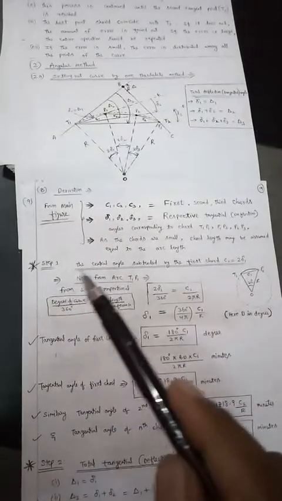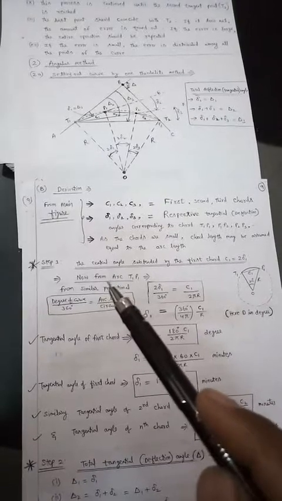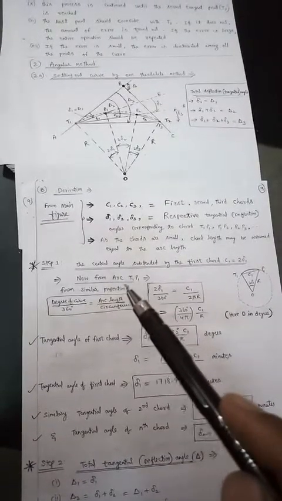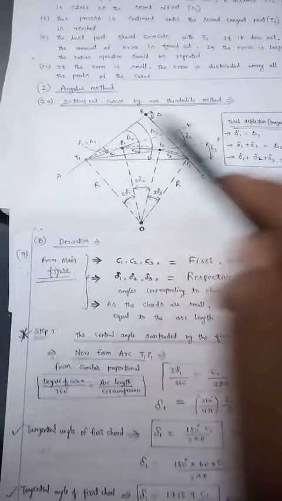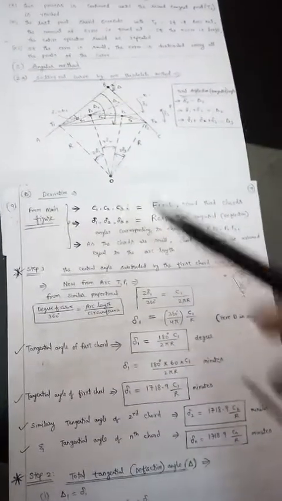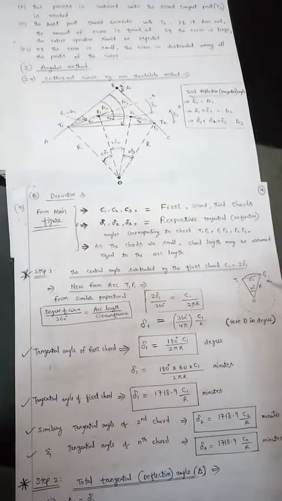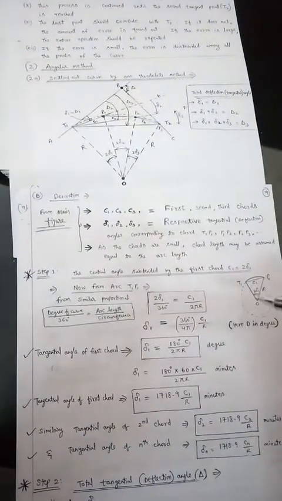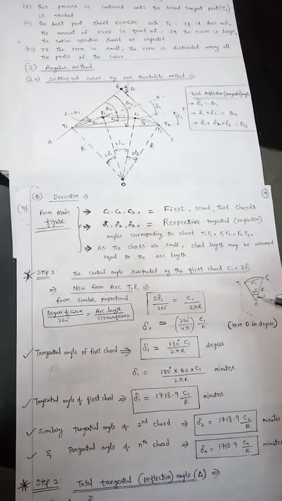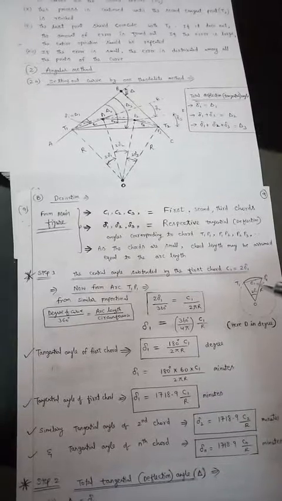So step number 1. From arc T1P1, now in this triangle, the angle is 2 delta 1 and the length is C1.